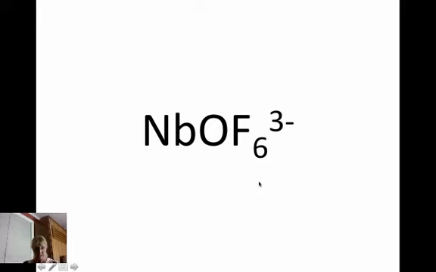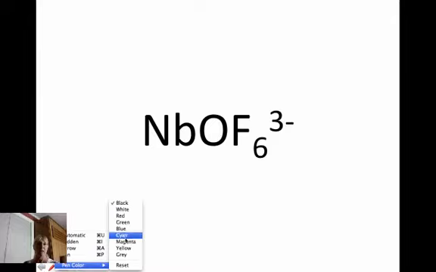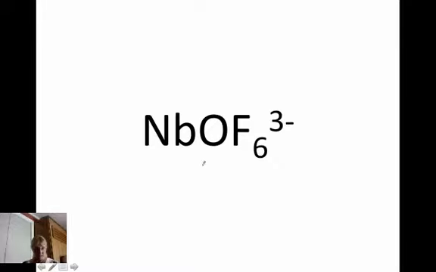I'm going to do one more. So if you would jump down to number 13, and as you can see on number 13, now we have a polyatomic ion. This time they've identified they want the oxidation number on the niobium. And keep track this time, the sum of all my oxidation numbers isn't going to be 0, it's going to be 3-. So I go to my rules. Oxygen is a -2.